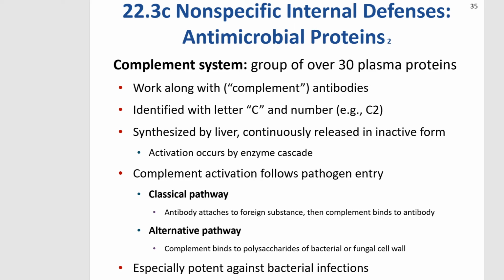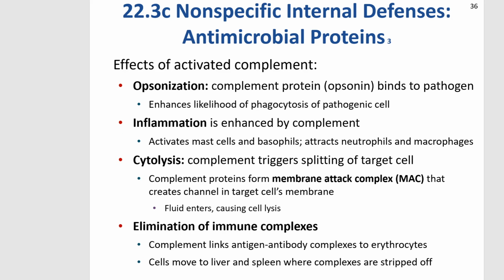It can bind to the cells themselves and cause damage to the cells, being those that are the pathogens. Okay. Something called opsonization enhances likelihood of phagocytosis, so it binds and labels the cell, the infectious agent, whatever it is causing the disease.